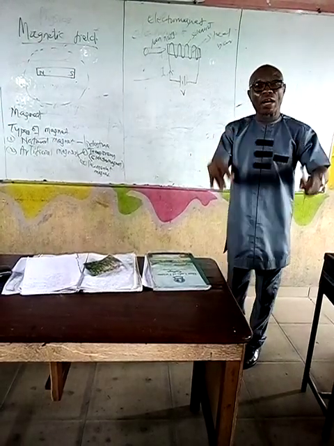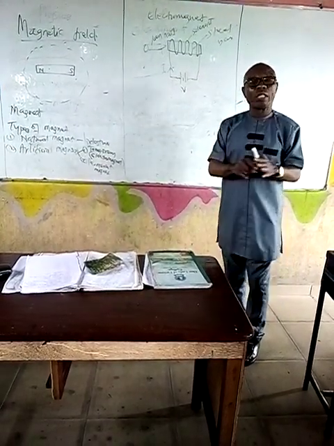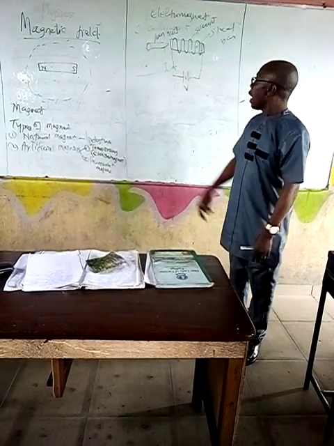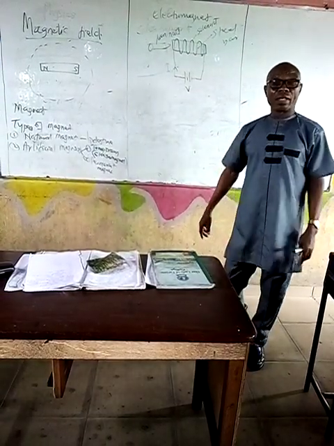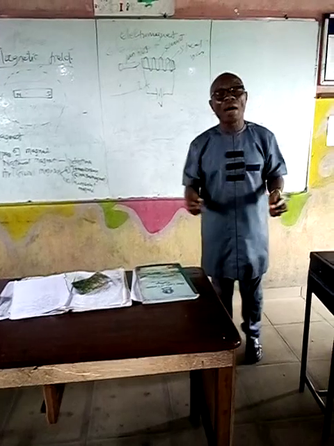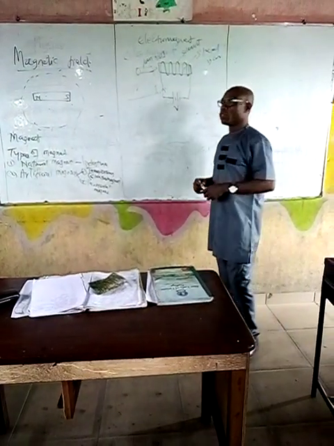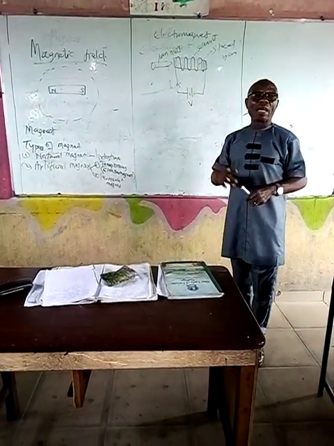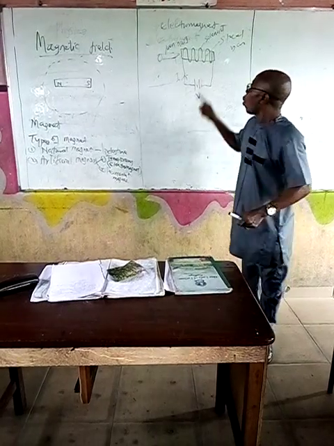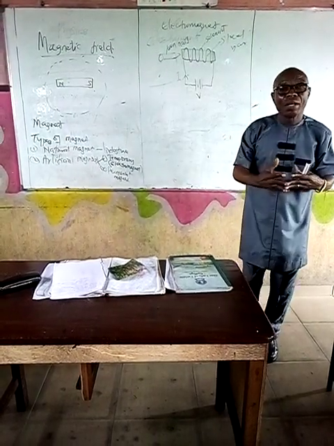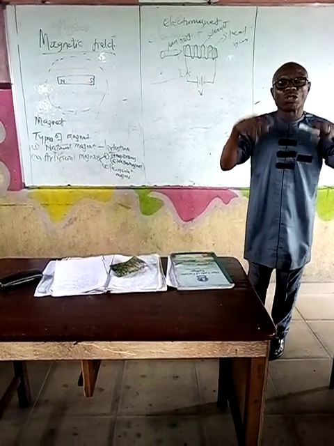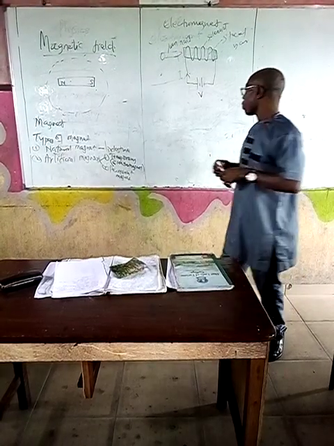Any material that behaves that way is known as an electromagnet. That is why an electromagnet is described as a material whose magnetism is produced and sustained by electric current.